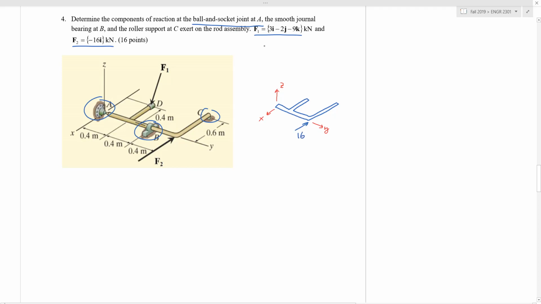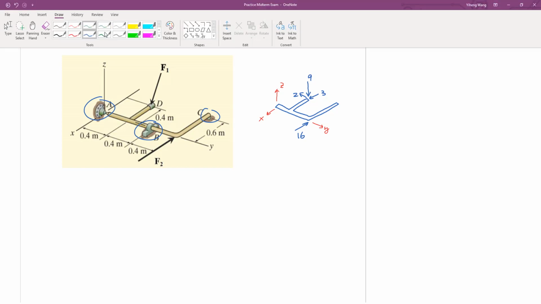F1 has 3 kilonewton in the x direction, -2, so that's 2 in this direction, and then -9 along the z direction, so vertical down like this, 9. So those are the applied forces, but what about the support reactions?